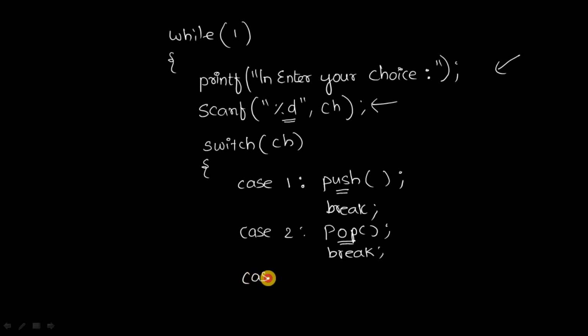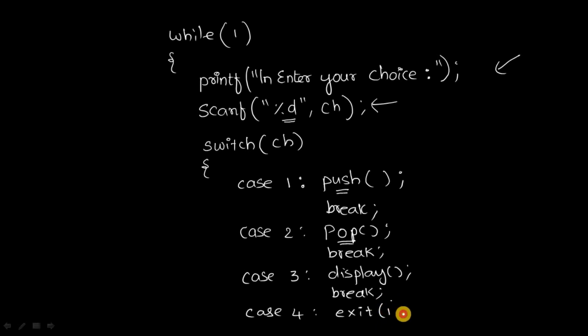And case 3. Case 3 is display function, display, and a break. And last one is case 4. Case 4 is exit, right? So here I am going to use a function called exit of 1, a function called exit, which will stop the execution of your program.